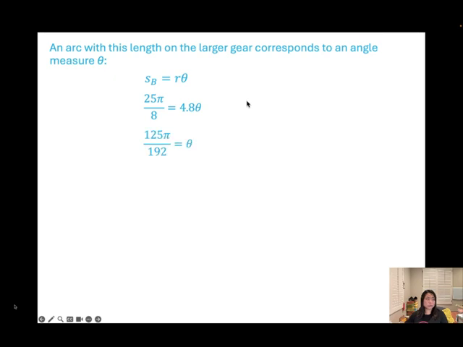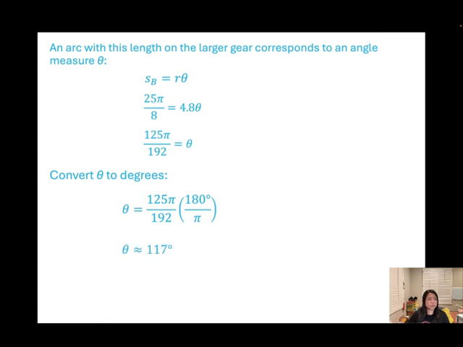You're going to get this. And then we want to convert back to degrees, since the angle of the smaller gear is in degrees. So let's convert it back to degrees. I'm going to multiply by 180 over pi. You should get 170 degrees.